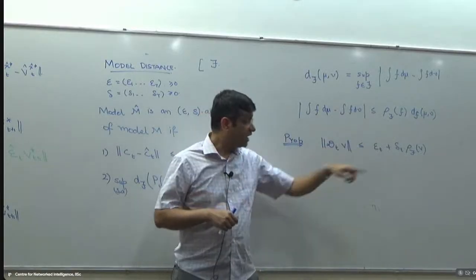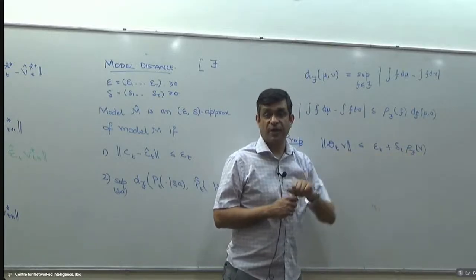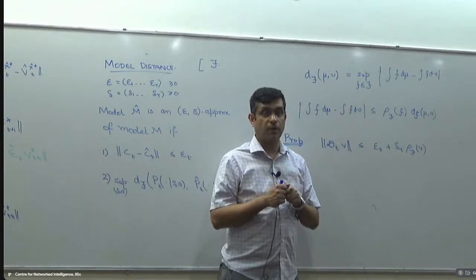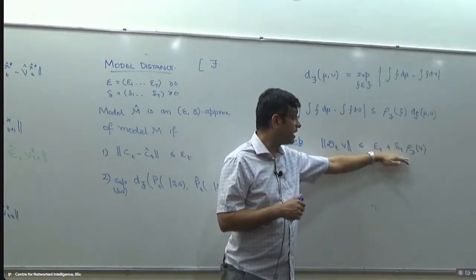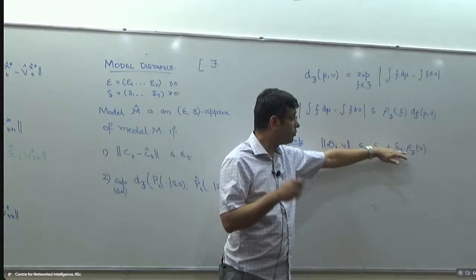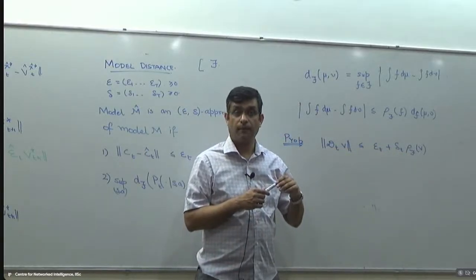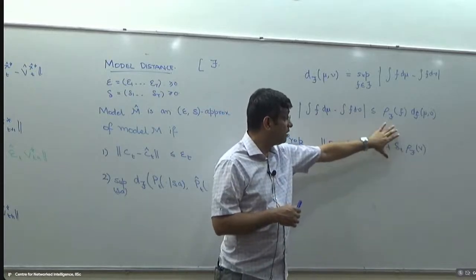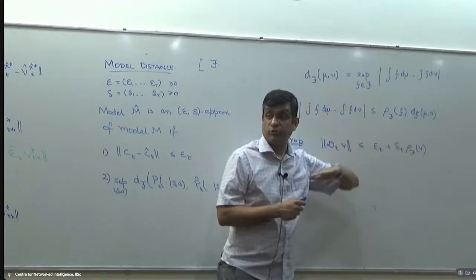If I had solved the value functions for the hat model, I know exactly what the span is. So I get a computable upper bound without knowing anything about the true model, except that it is within an epsilon, delta radius of the approximate model. This gives me a very nice way to get bounds.